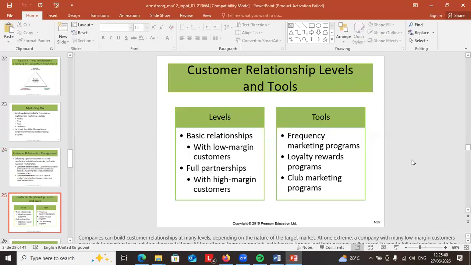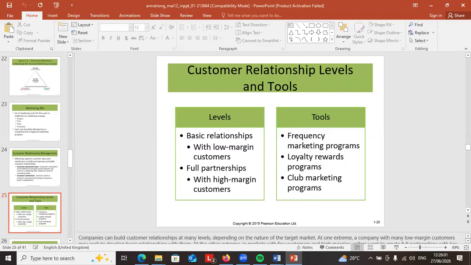Now, let's also consider the customer relationship levels and tools. Of course, companies can build customer relationships at many levels, depending on the nature of the target market.